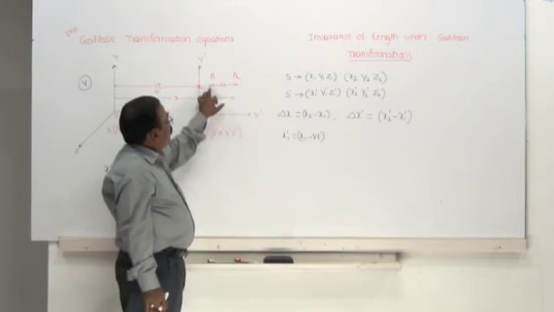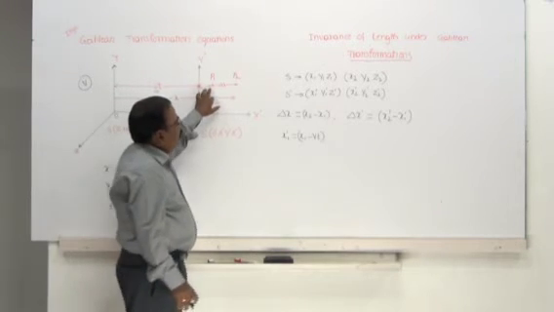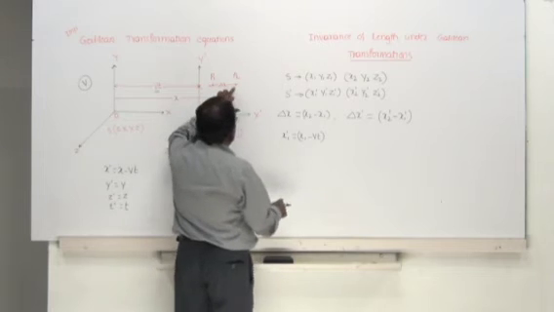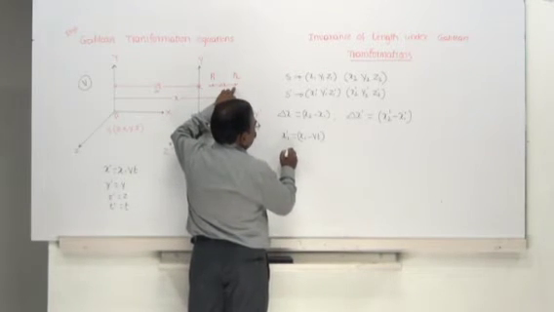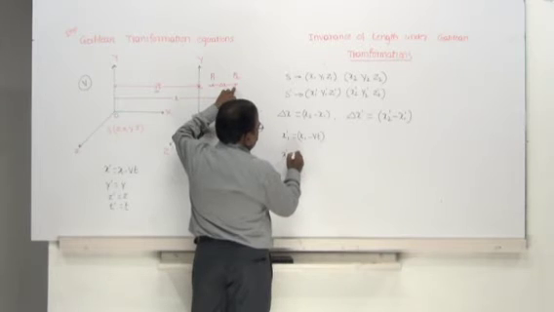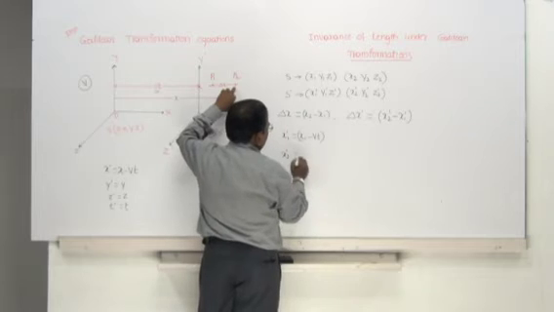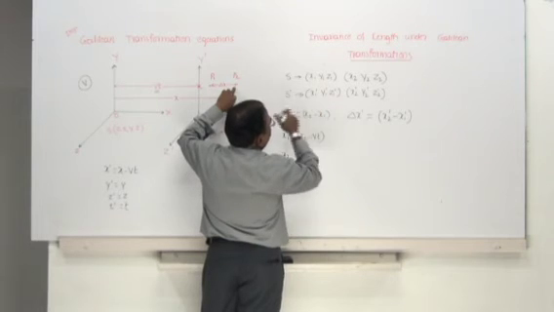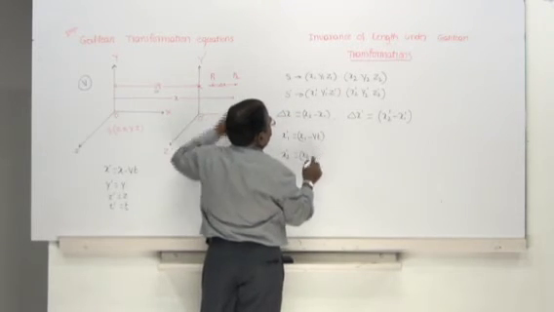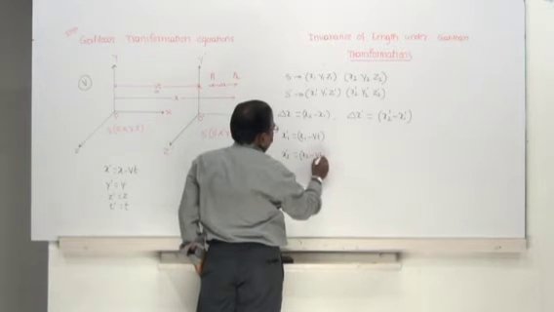It is for point P1, or for an event P1, that I am writing. And similarly for another point P2, x2 dash, in the second frame, is equal to x2 minus vt.